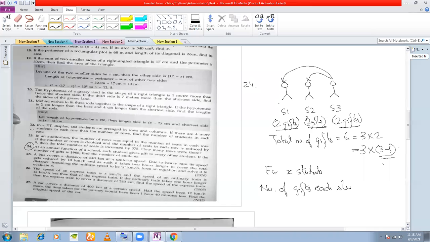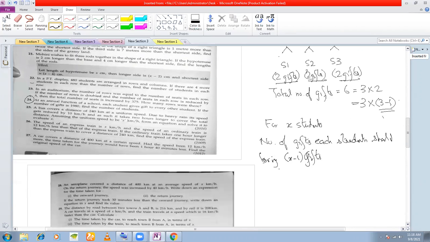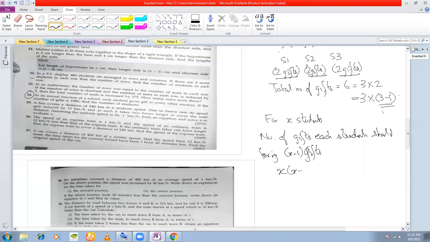Each student should bring X minus 1 gifts. Now what is the total number of gifts? X into X minus 1. And therefore we have got this. Now this will give a solution.